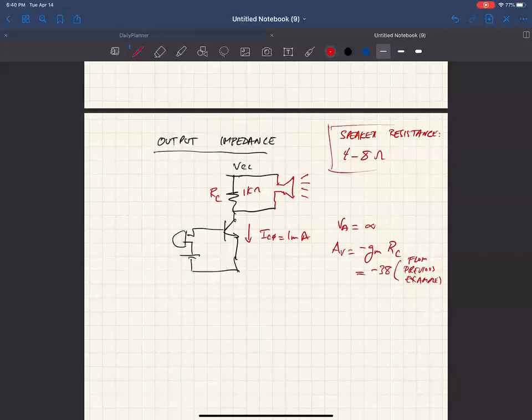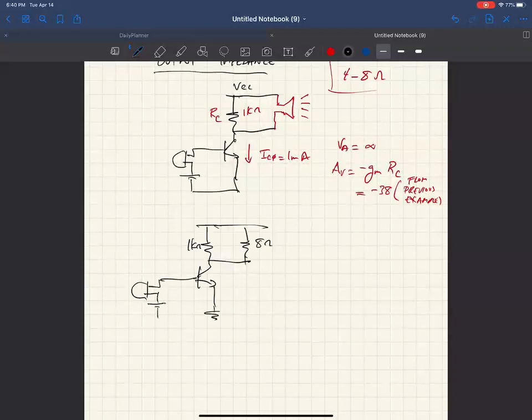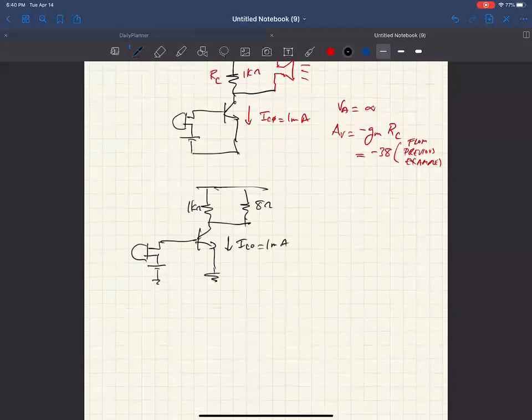So let's say it's 8 ohms, and then we can modify our circuit. We've got 1 K ohm here and 8 ohm here. You can already tell this is pretty bad news. And then we have our microphone here. Again, I sub C0 is 1 milliamp, and this is our V out.